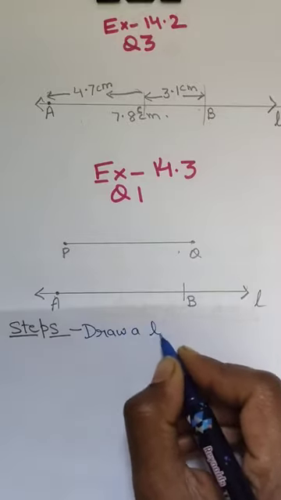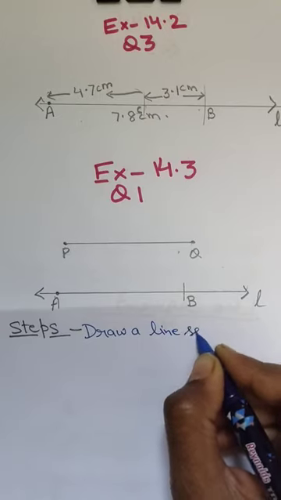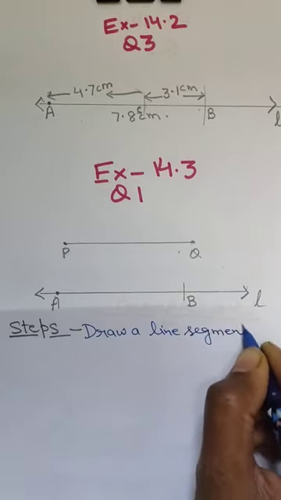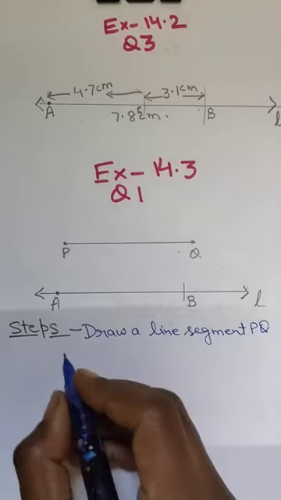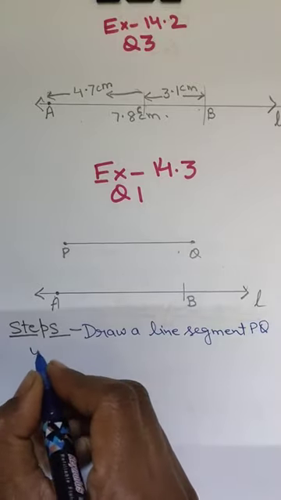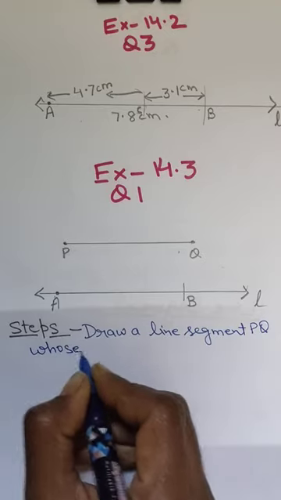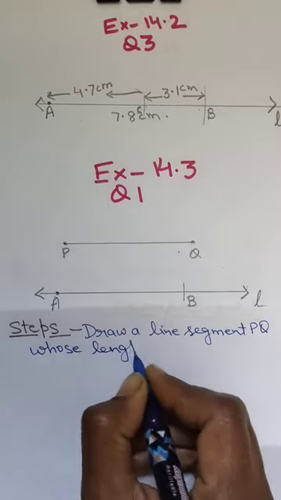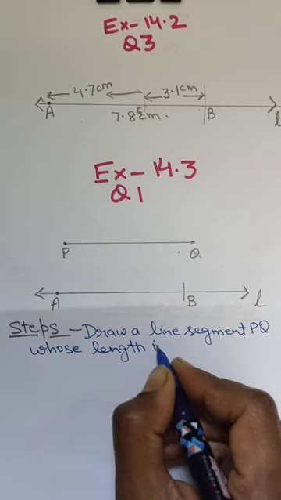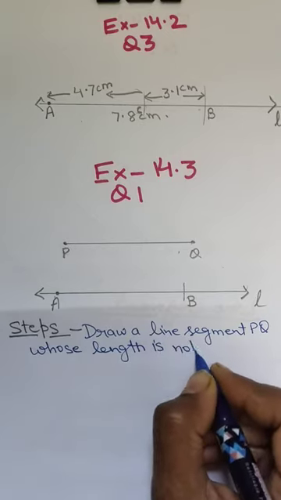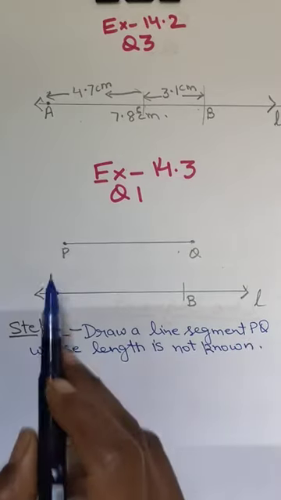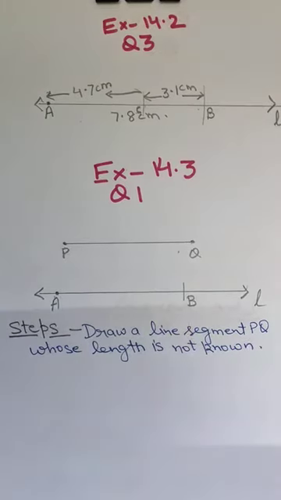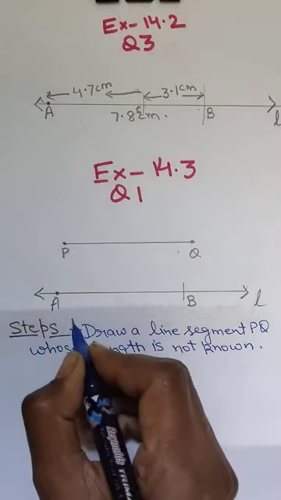Draw a line segment PQ whose length is not known. Okay, we have drawn one line segment PQ whose length we don't know. Second step, what have we done?